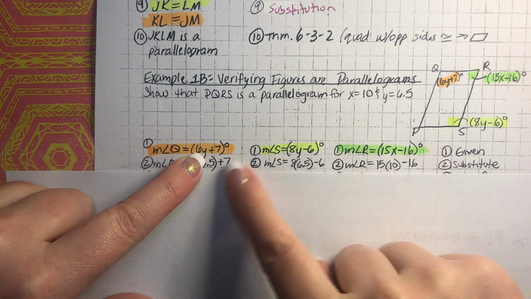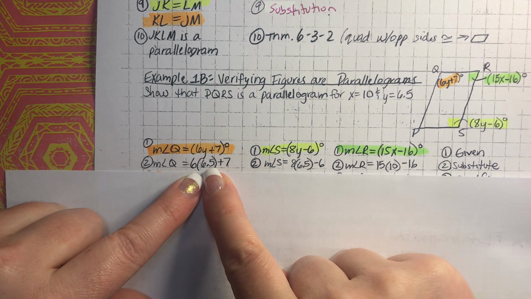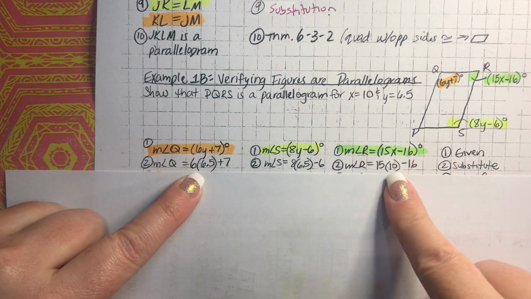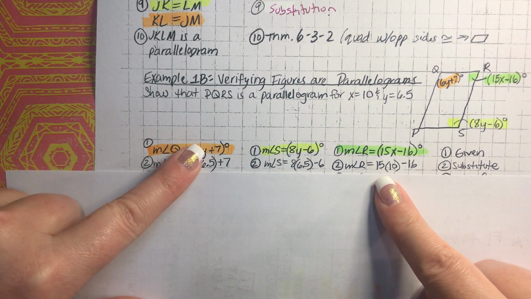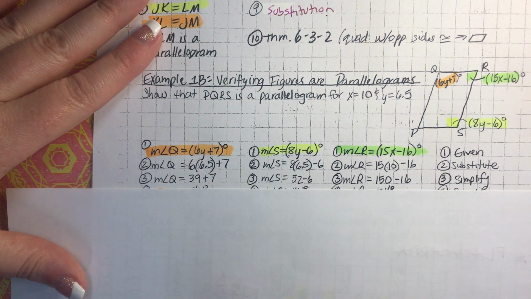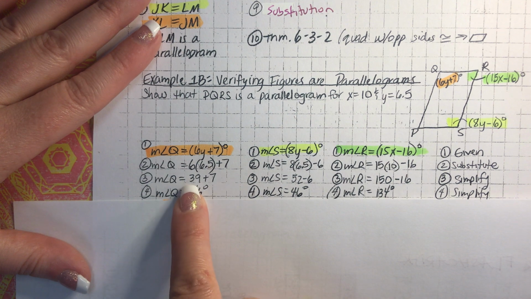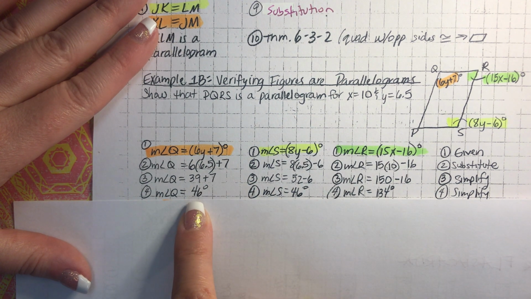So here it's 6y, so I'm putting 6.5 in for y. This one is y squared, so you're getting a 6.5, and then this one's an x, so it's getting 10, okay? So we're just substituting those values all in. And then from there, 6 times 6.5, that's 39, plus 7 is 46, okay?